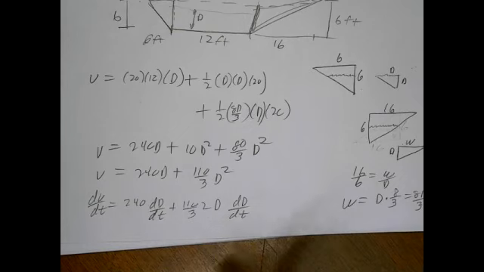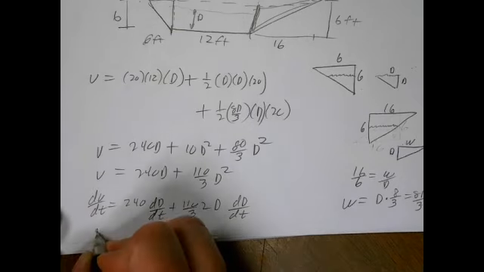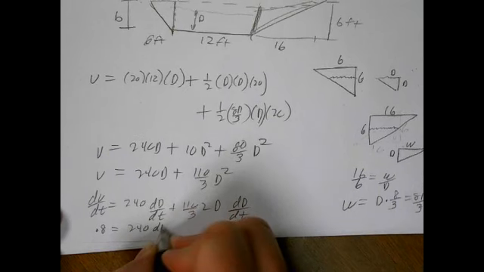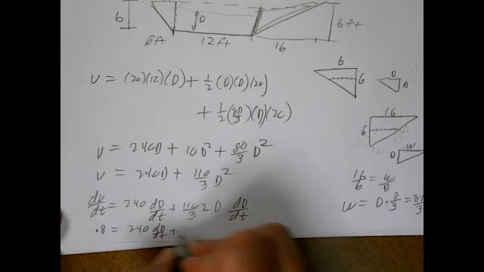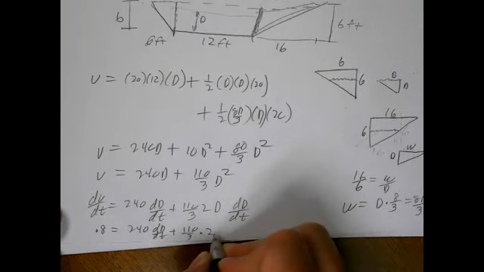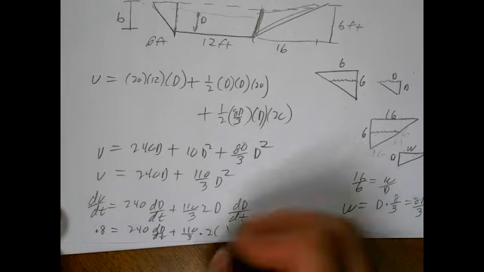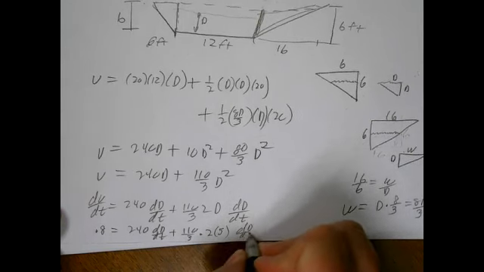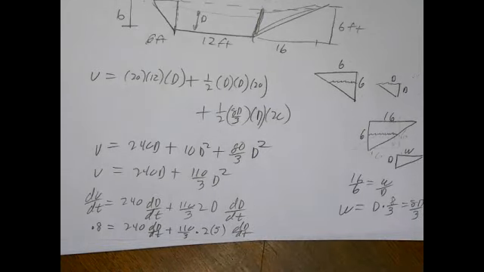You plug in the dV/dt, which was 0.8. Then you plug in the D, and they want to know when it was at 5. And all you have to do is solve for the rate of change of depth with respect to time in this equation. And that is all they need to know.